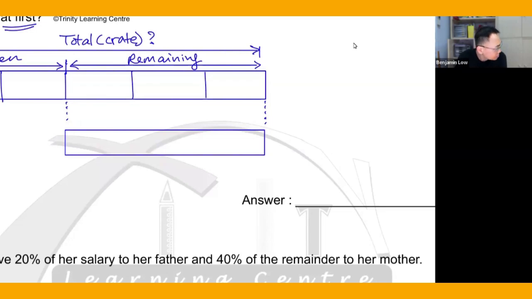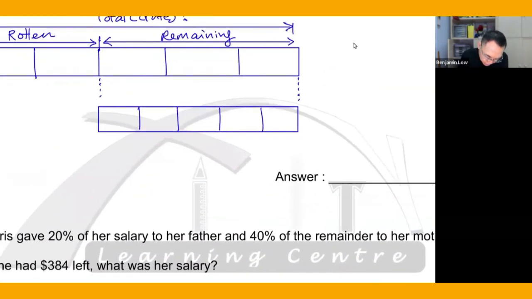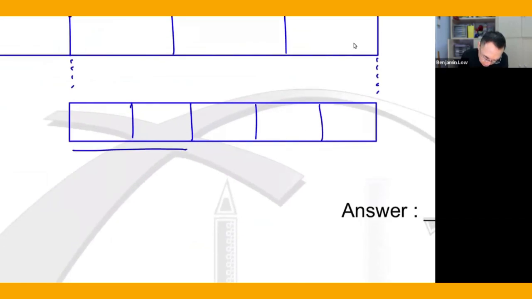This new model needs to be cut into 5. So 1, 2, 3, 4, 5. And out of the 5, 2 units are sold. So this represents sold. And when you have something that is sold, you also have something that is unsold.